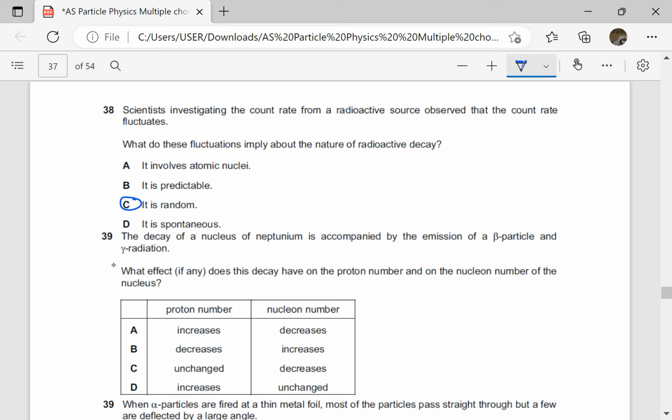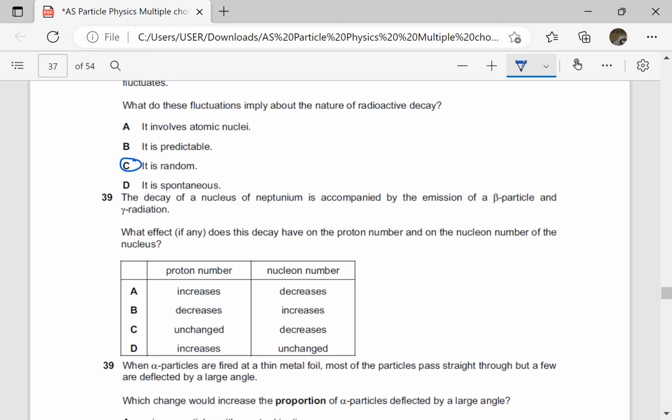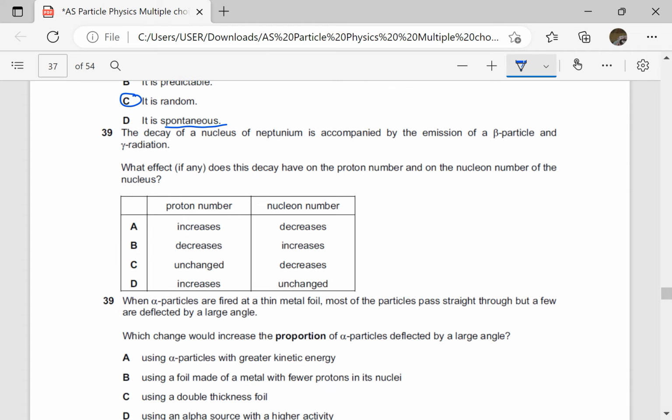The fluctuations are because the decay is actually random. That part of atomic physics is now under nuclear physics at A level. Spontaneous means not affected by environmental factors such as temperature, pressure, chemical catalysts, etc.